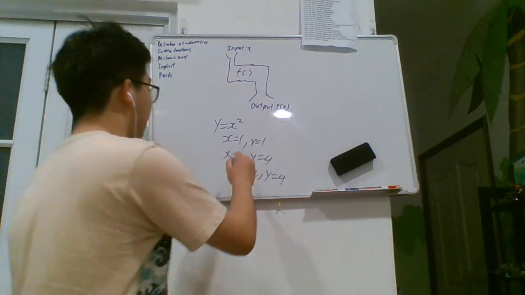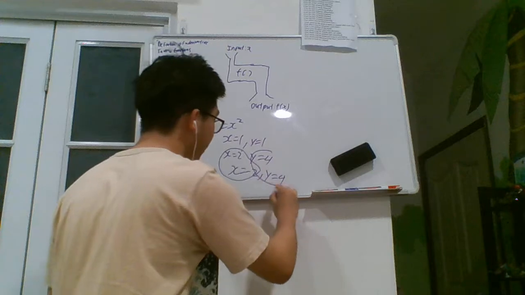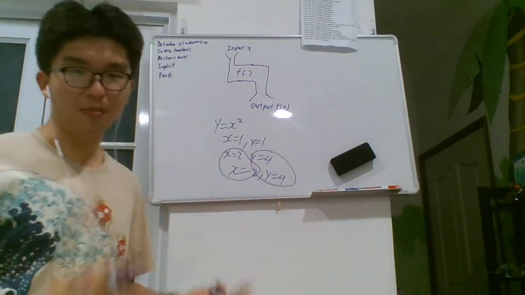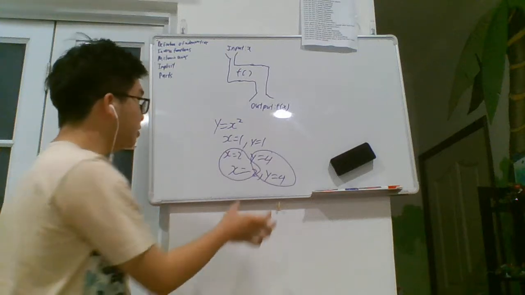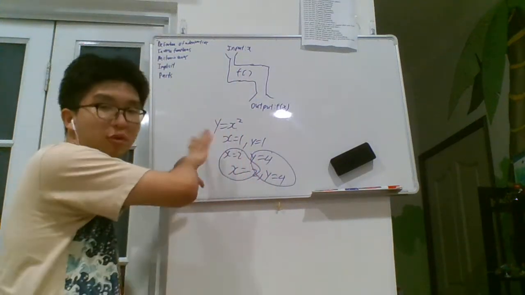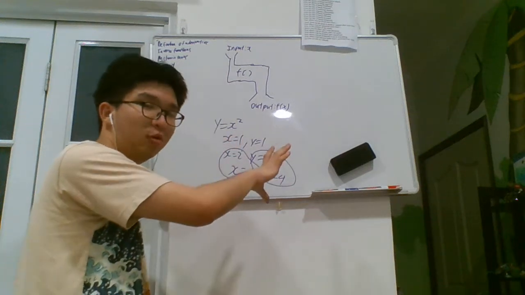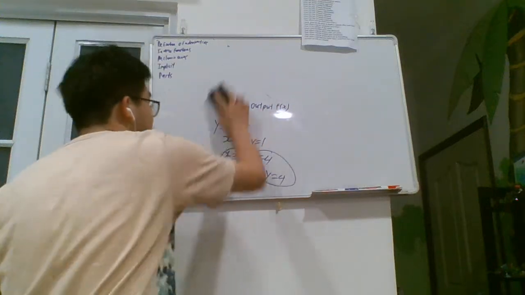Although I have 2 different inputs that give me the same output, the reason why this is a function is because no matter what input you put in, you will only get one output.